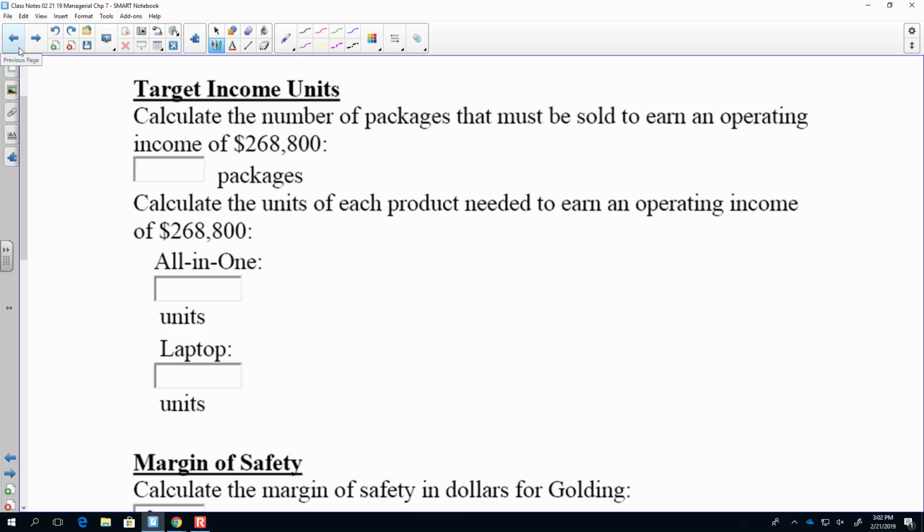So we take our fixed cost, we add our target income, right? And divide by our package margin.